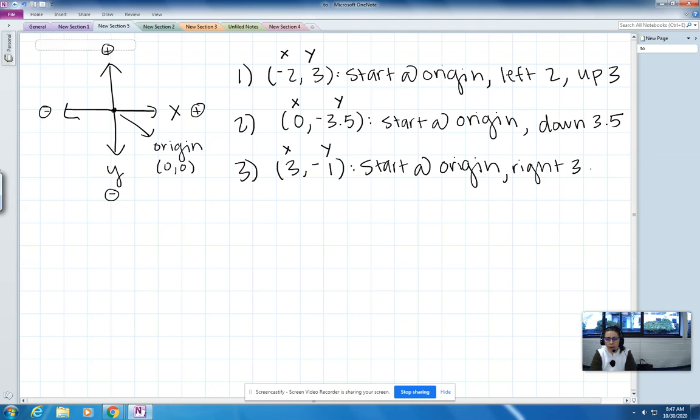We're going to move to the right 3 units. Now we are ready to jump. We're either going to jump up or down. Our y value is -1. Negative means we are moving down, so we're going to go ahead and jump down 1. So we start at the origin, we move our pen 3 spaces to the right, 1 space down, and that's where we plot our point. That is where we put our dot.